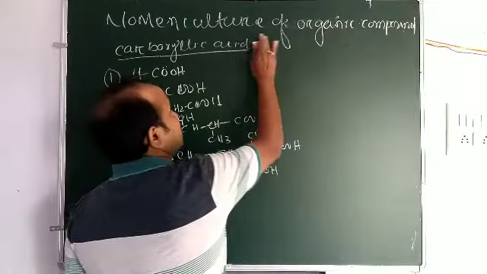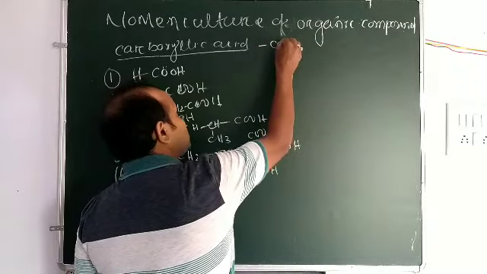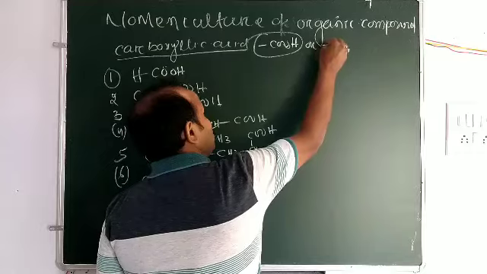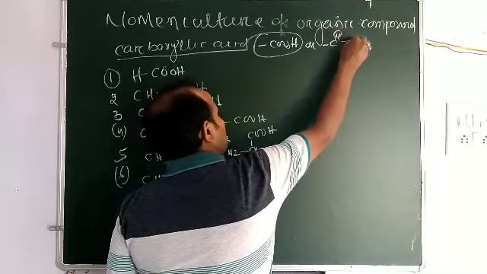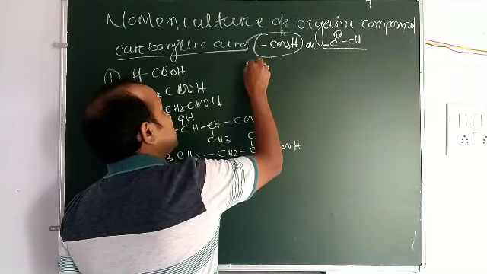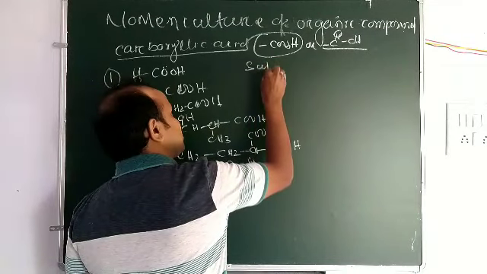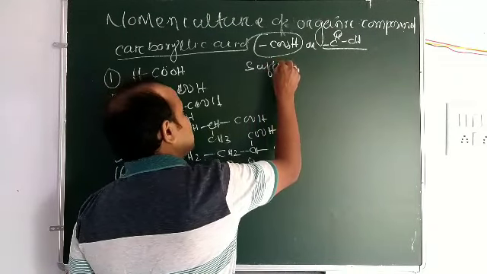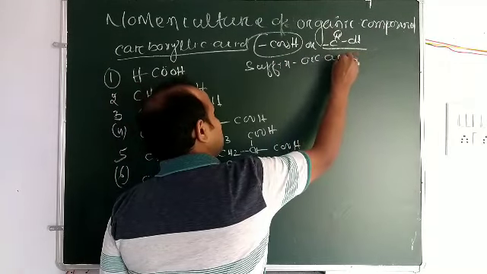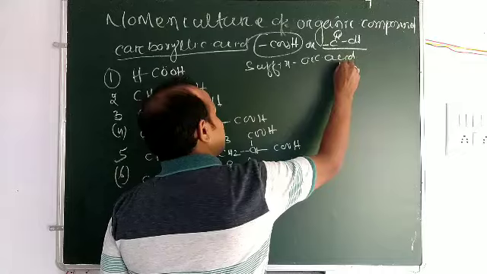Carboxylic acid means its functional group is COOH, or C double bond O, OH. This is the functional group, and its prefix is carboxy, suffix is oic acid.